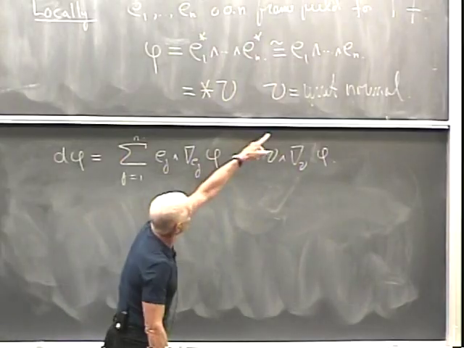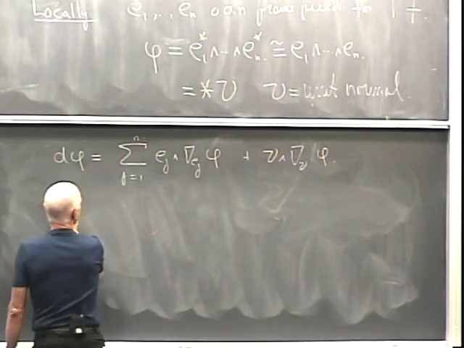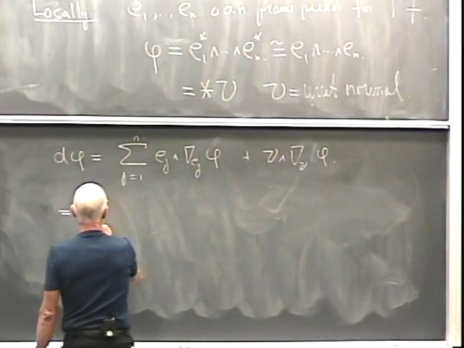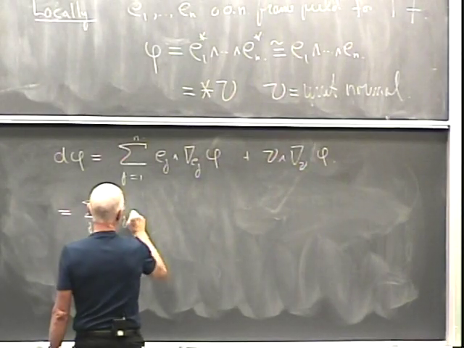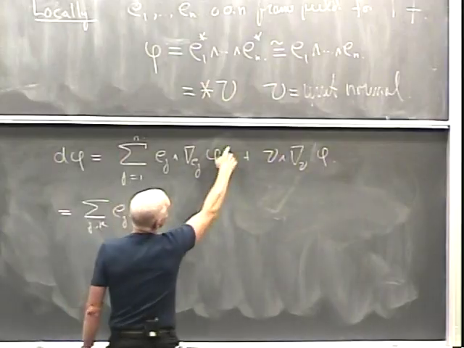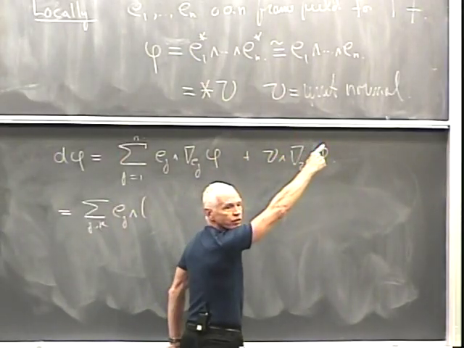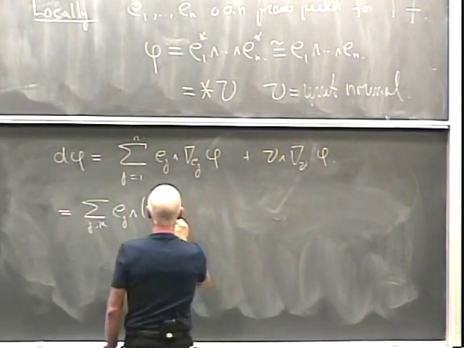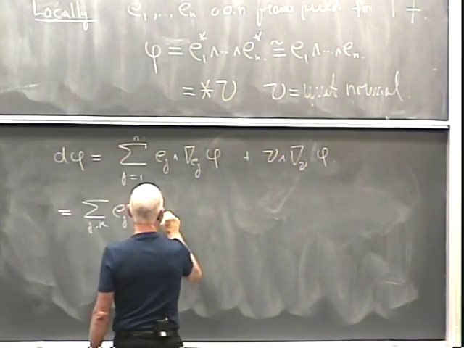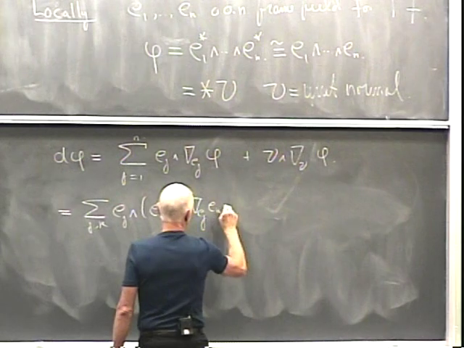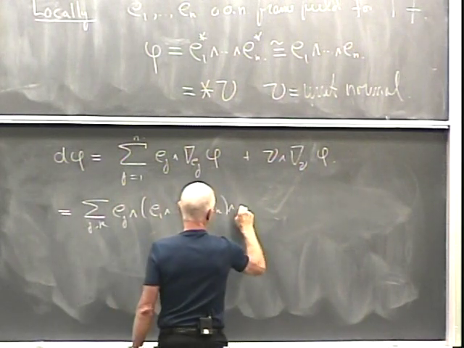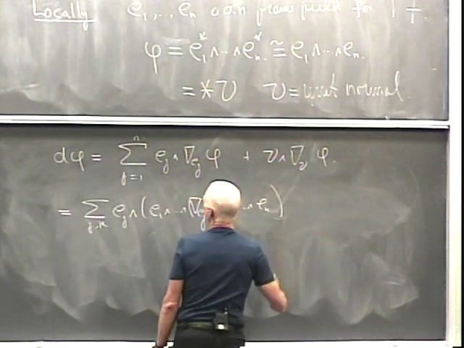Okay, now phi is just the wedge product of these forms, so this becomes the sum over j and k of Ej wedge. Now, the exterior derivative is the derivation of exterior multiplication. So this becomes E1 wedge del Ej of Ek up to En.